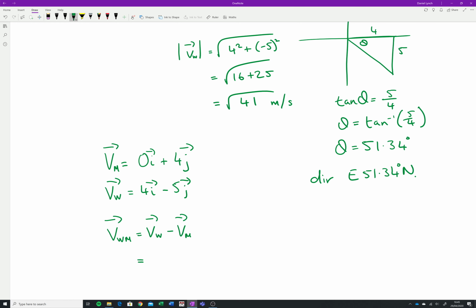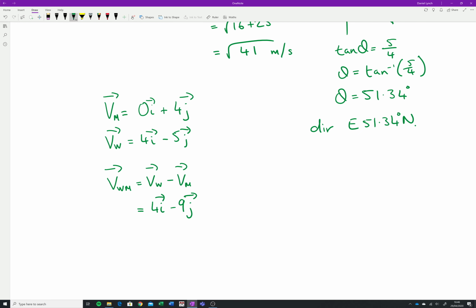Start with VW and take away the one on top of it, so we're left with 4i. Start with this and take away the one above it, so that's minus 9j. That is what the wind will appear to do for the guy. It's moving over 4 and moving down 9.